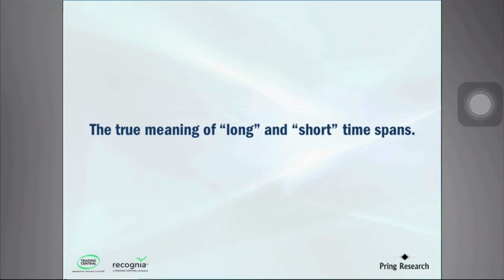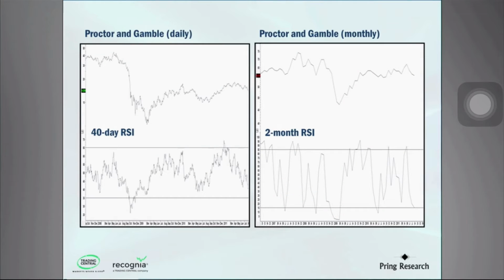This slide features two RSIs for similar time periods: 40 trading days, and 2 months. However, the overbought and oversold lines are drawn at different levels because one calculation is based on daily and the other on monthly data. Obviously, the character of the indicator changes as well. The daily parameter is much more suitable for trendline construction.